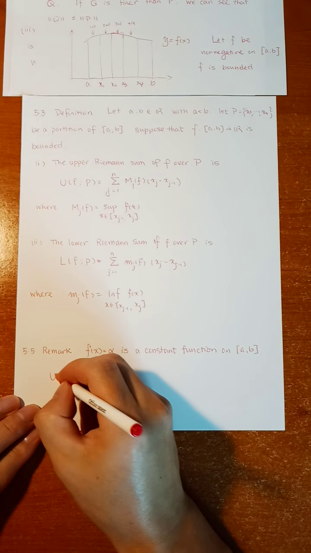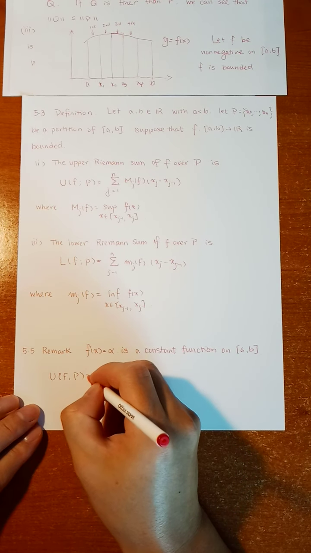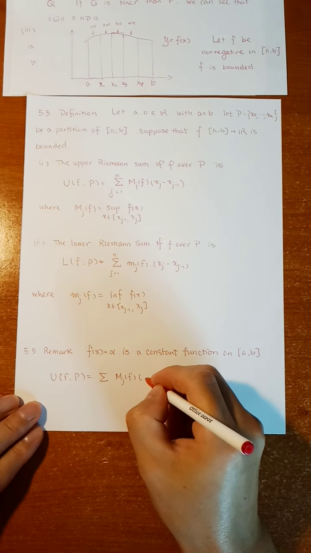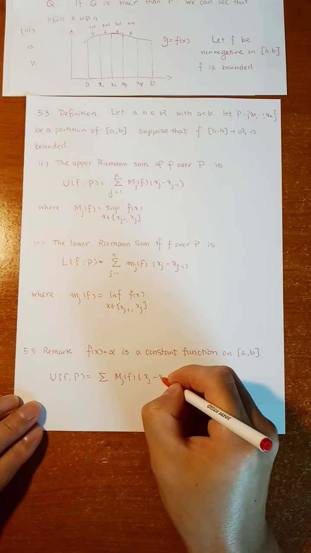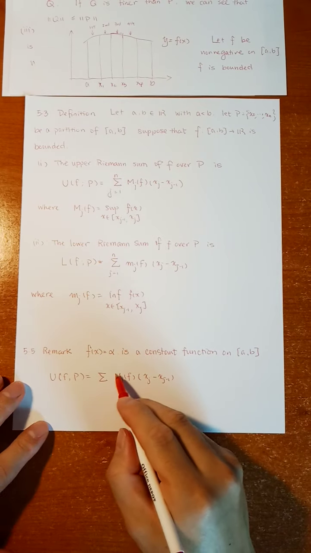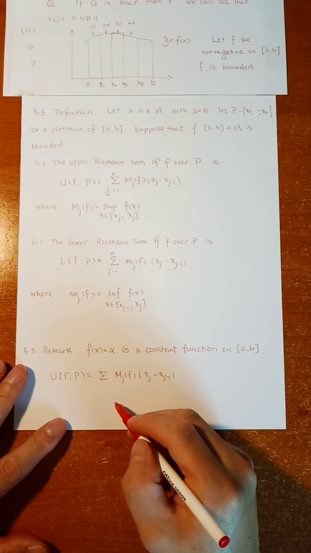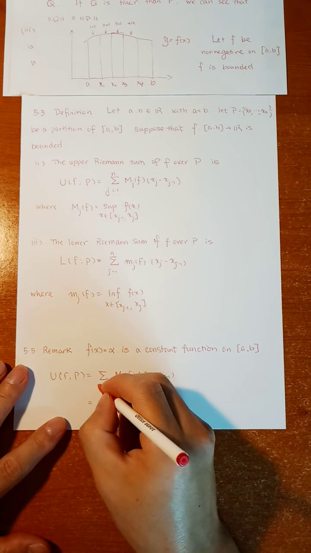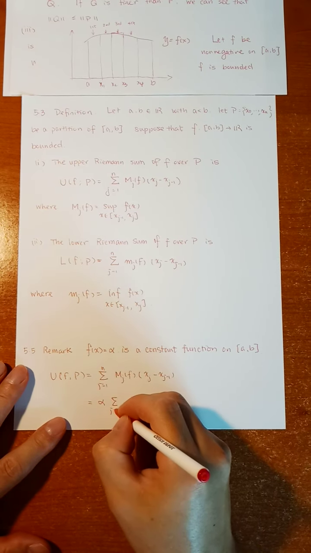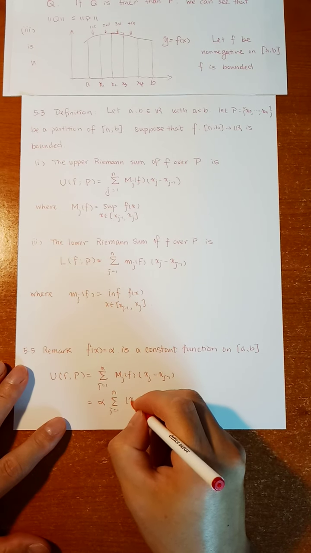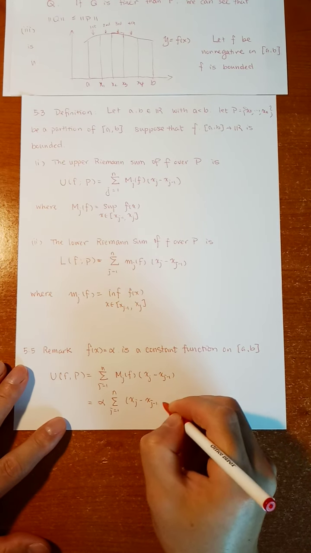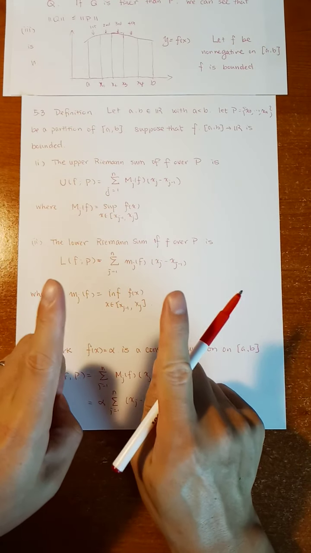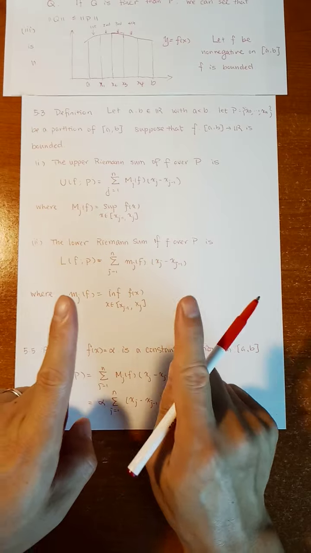Then let's check what the upper sum is. For a constant function, the supremum is just itself, it's just alpha. And then you are going to add all those differences. Those differences are just the lengths of subintervals.